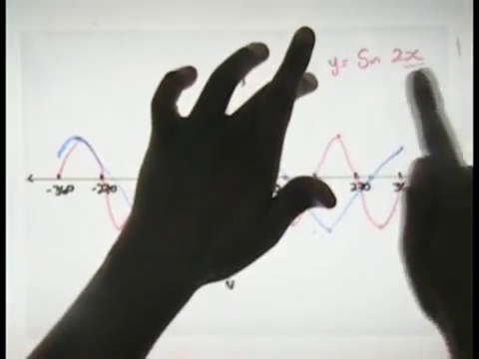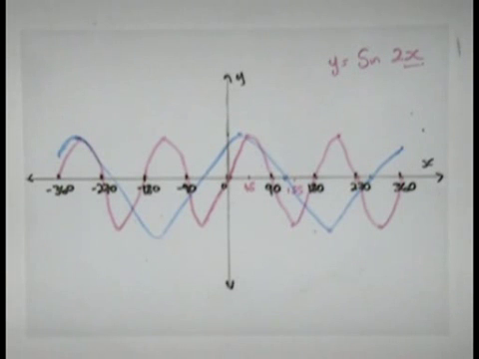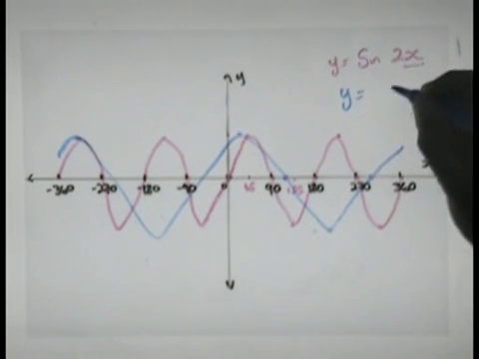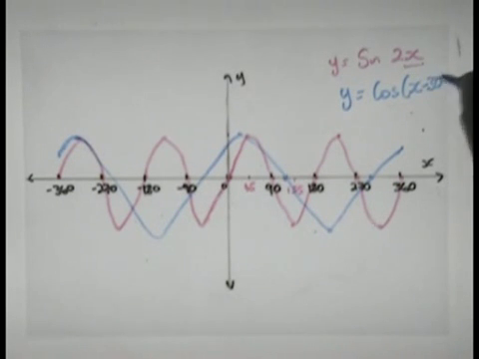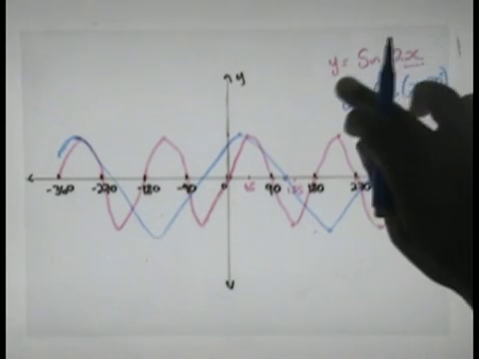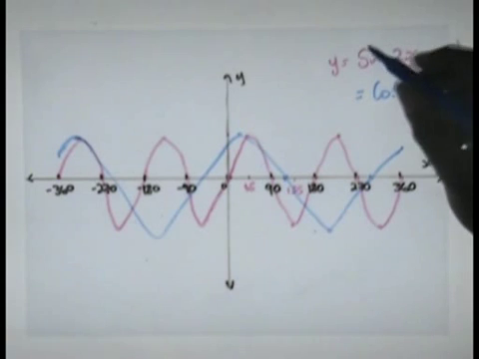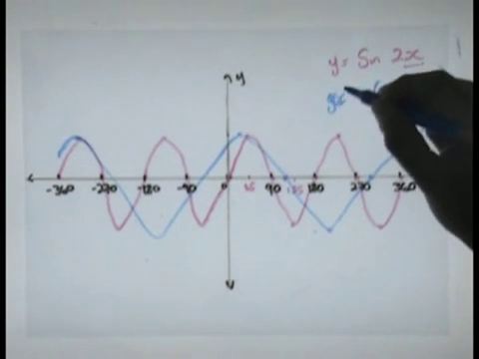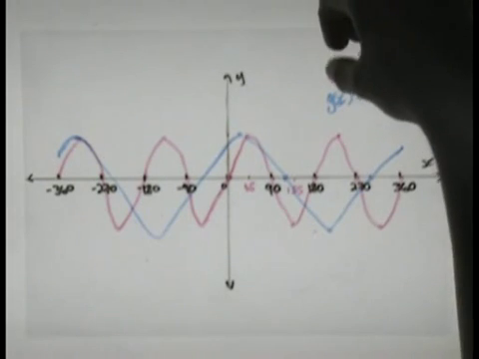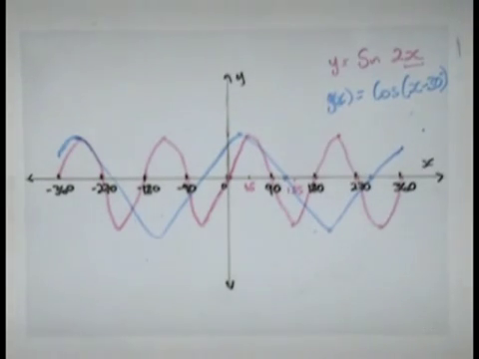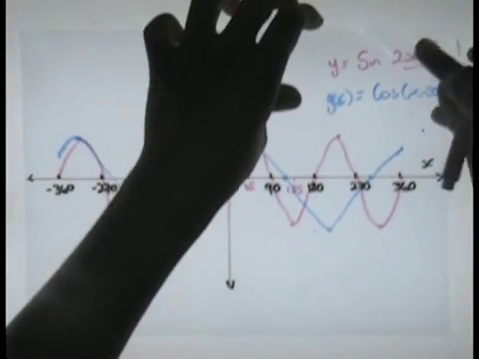I'll just rewrite that. And the blue graph is the graph y is equal to cos of x minus 30 degrees. We've called the blue cos graph g of x, and the sine graph we've called f of x.